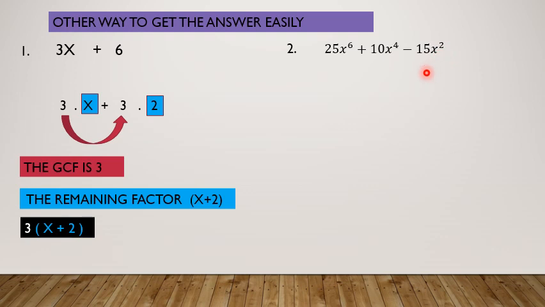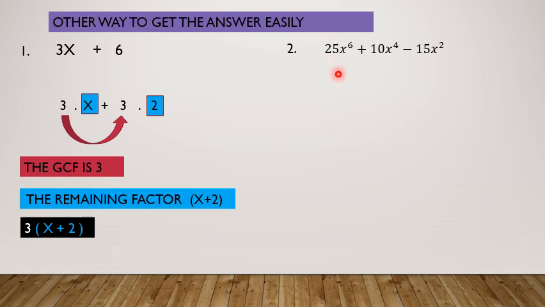Daming alam eh. Okay, observe natin sa 25, 10, 15. Nakabisado natin sa multiplication yun, right? So 5, 10, 15, 20, 25, 30. So makikita natin na ang common factor niya ay 5.